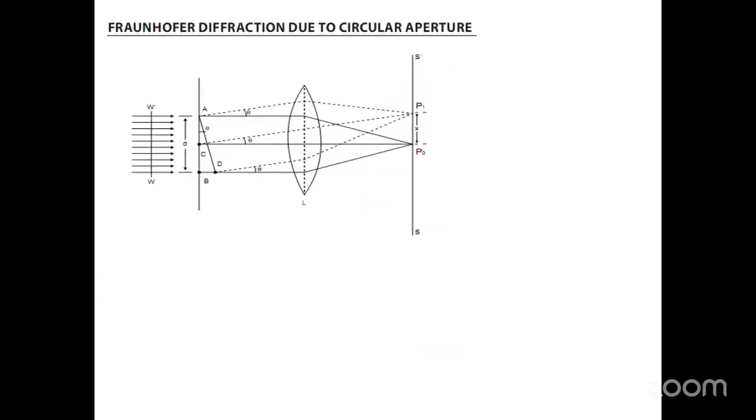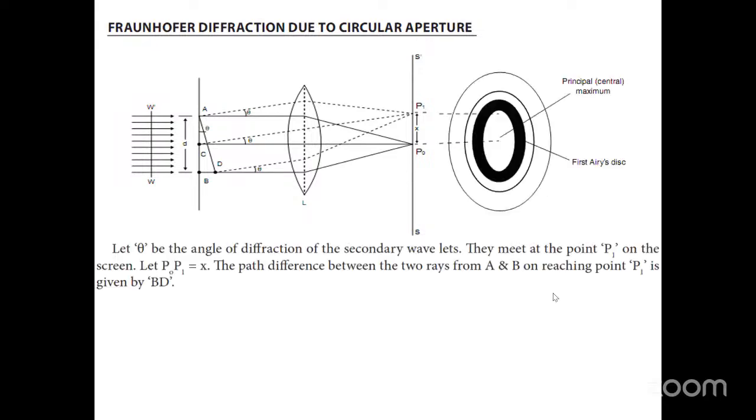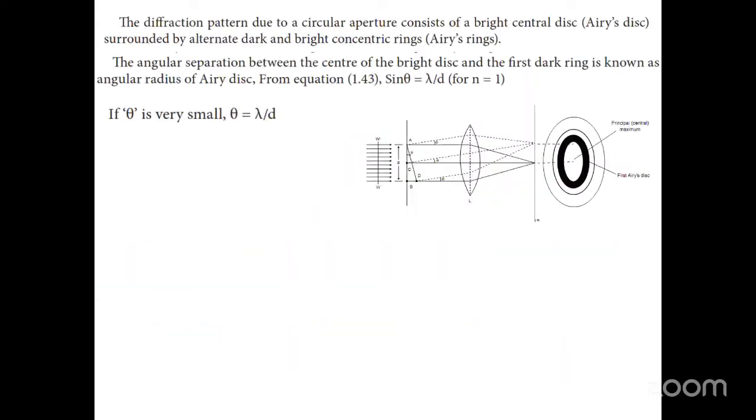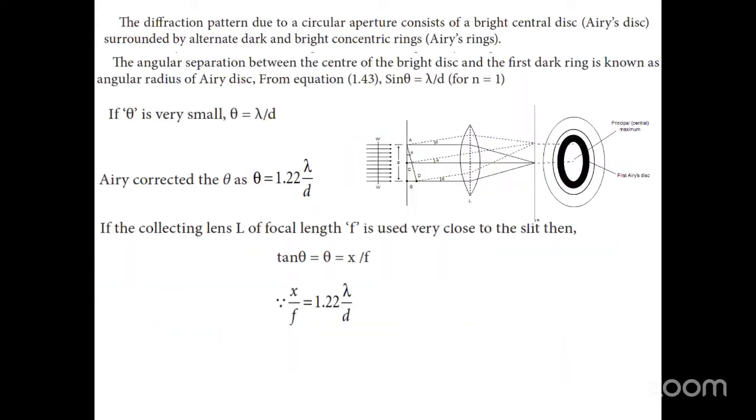And Fraunhofer diffraction due to a circular aperture, we also discussed here. This is the circular aperture, and due to this, how to calculate the intensity at a point P is a very, very important question.